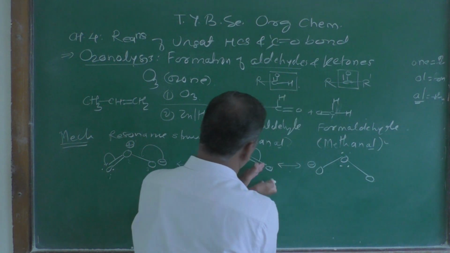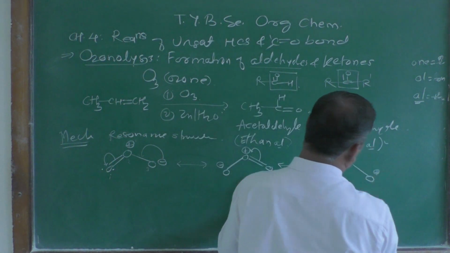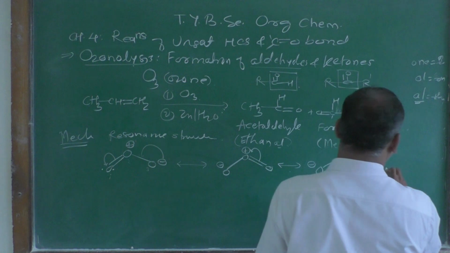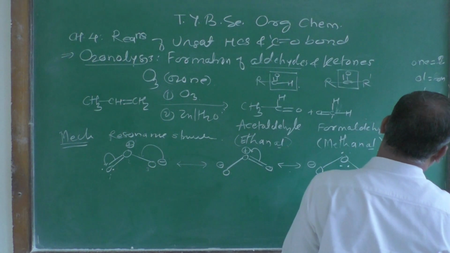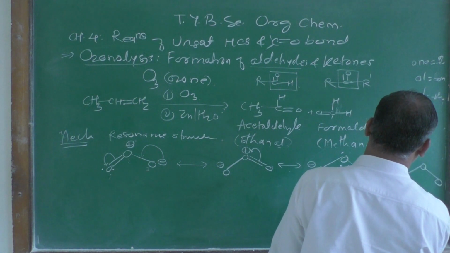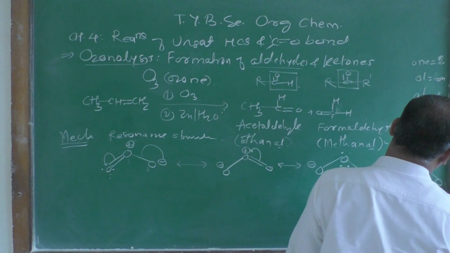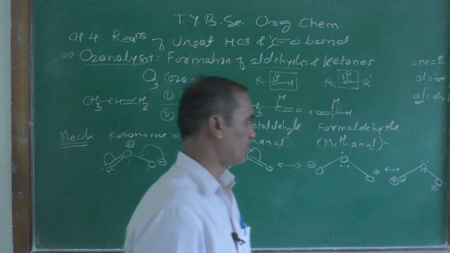When these bonds shift from here to here, there should be a positive charge here, or you can reverse it. So we put a positive charge on one oxygen and a negative charge on the other oxygen, with the middle one having a lone pair.